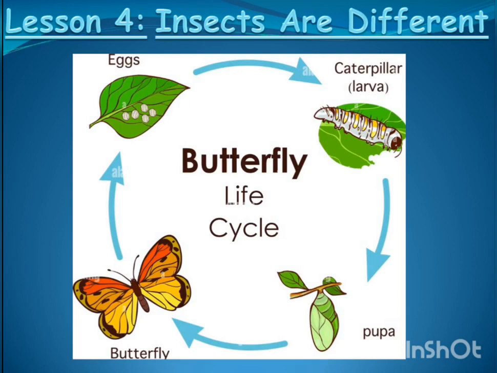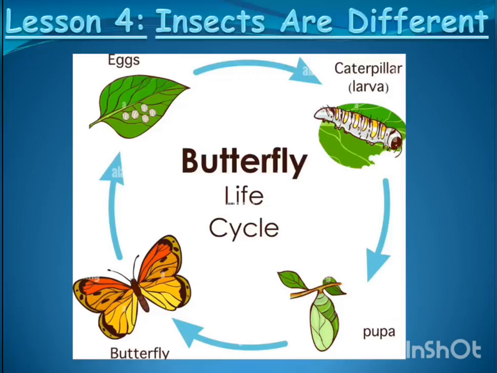It starts eating leaves and spinning itself with a thread, and they form as pupa in this stage. And after some days, the butterfly comes out. Can you see the beautiful butterfly? If you take each stage, the way the insect looks is different, isn't it? That's what they have said, that insects look different in different stages.